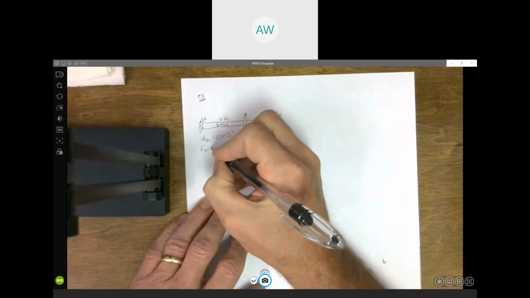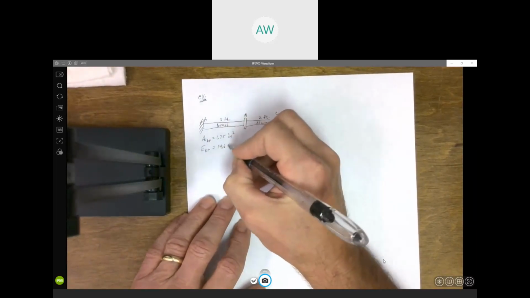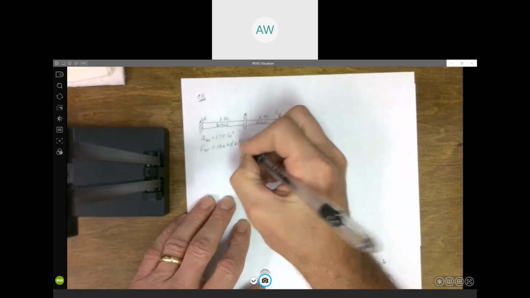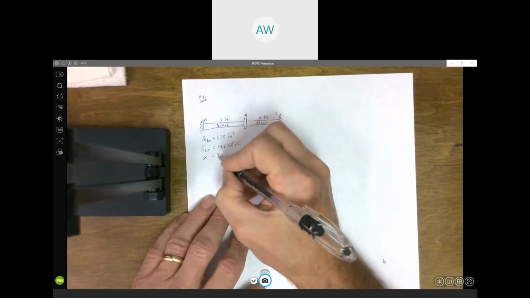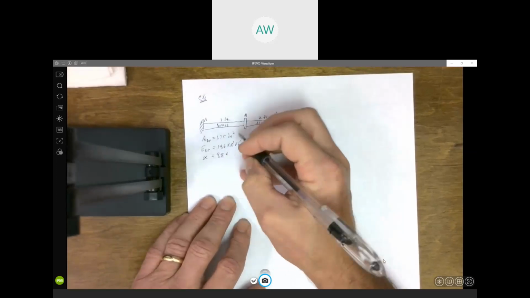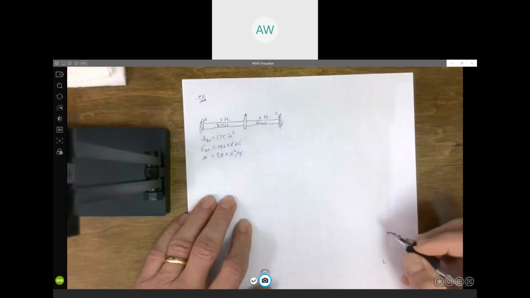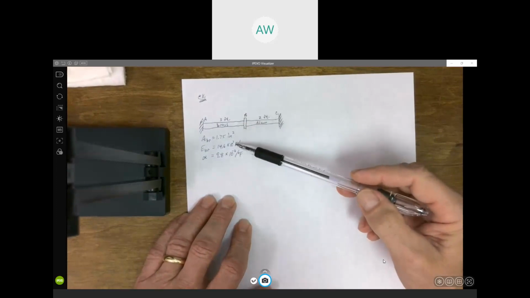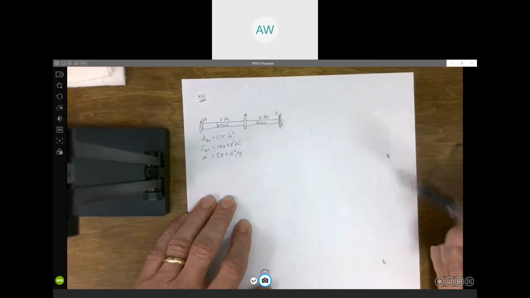Modulus of elasticity, 14.6 times 10 to the third KSI. And alpha, 9.8 times 10 to the negative 6 per degree Fahrenheit. So that's the cross-sectional area, the modulus of elasticity, and the coefficient of thermal expansion for the brass.